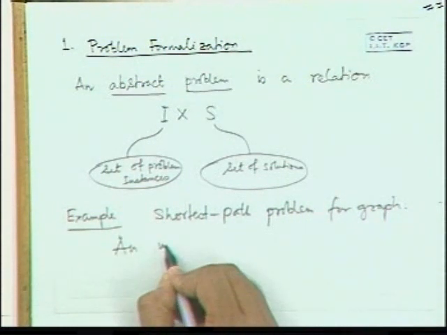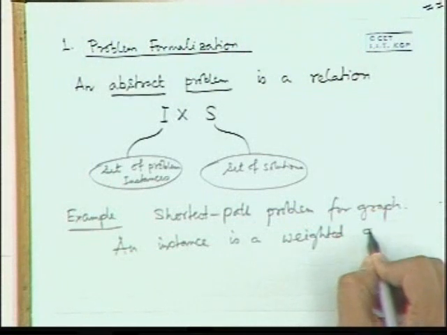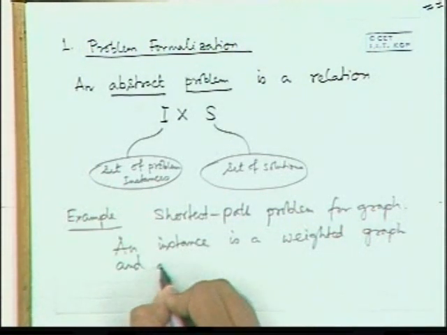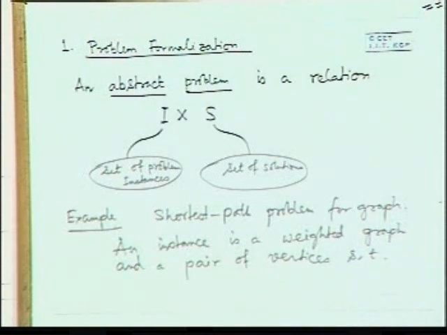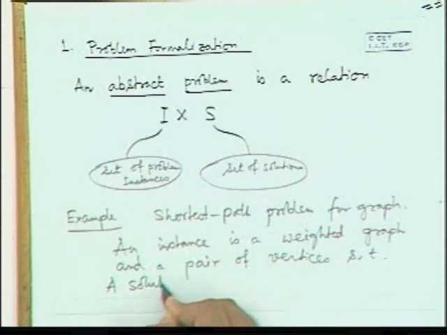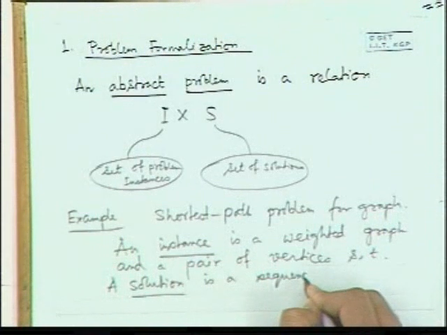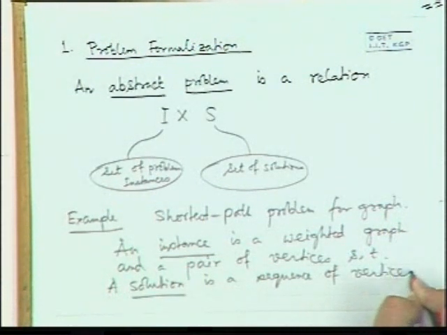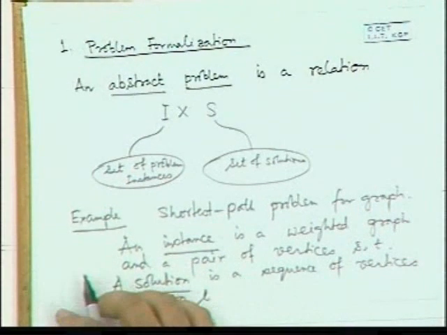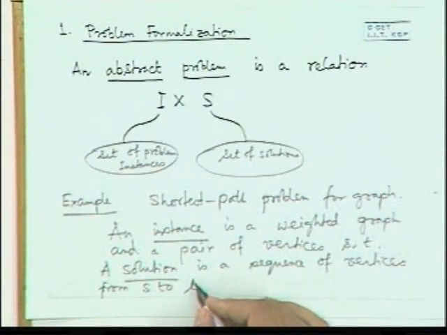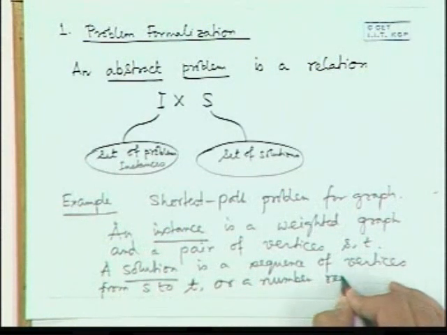An instance is a weighted graph and a pair of vertices S, T. A solution is a sequence of vertices from S to T, or a number representing the length of the path.